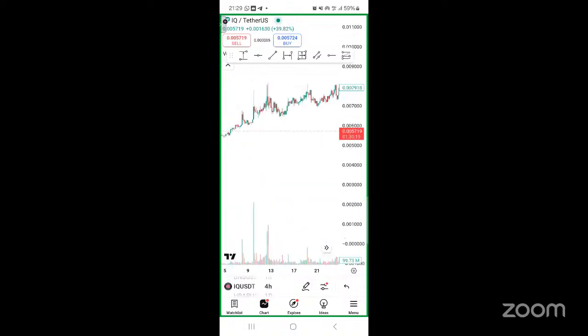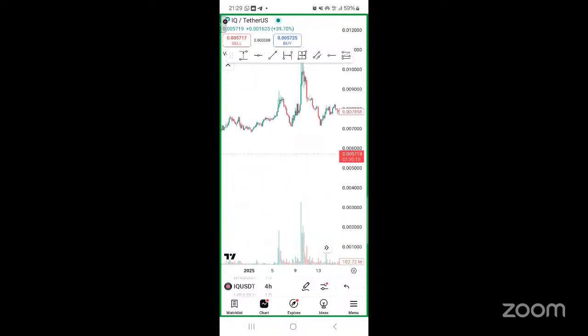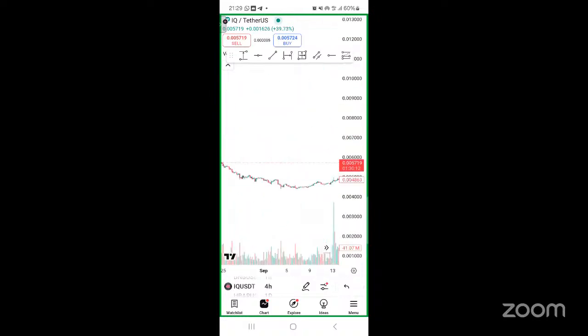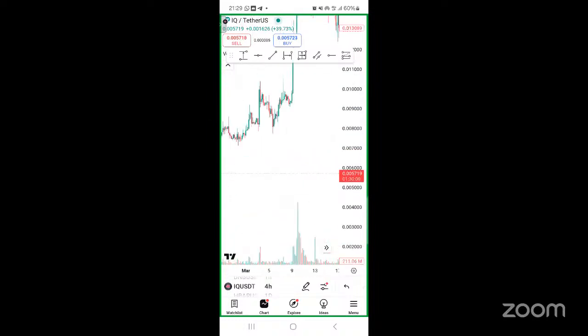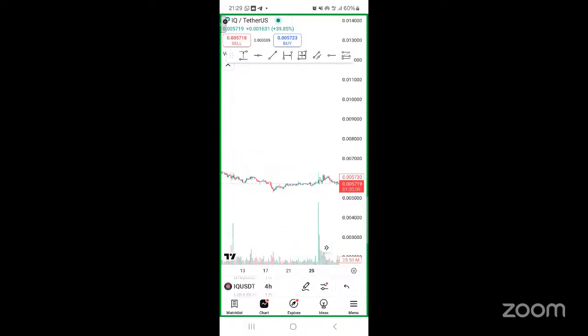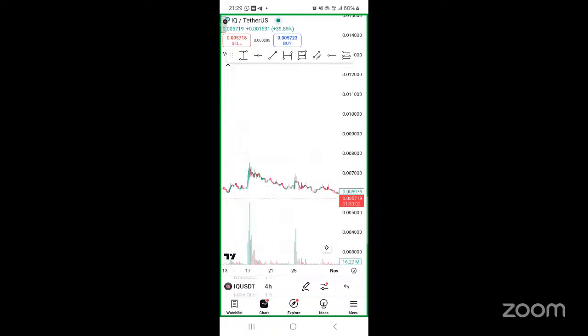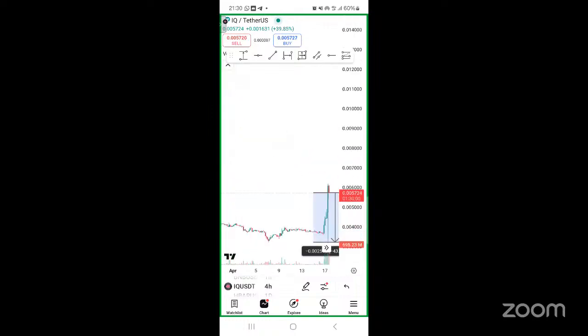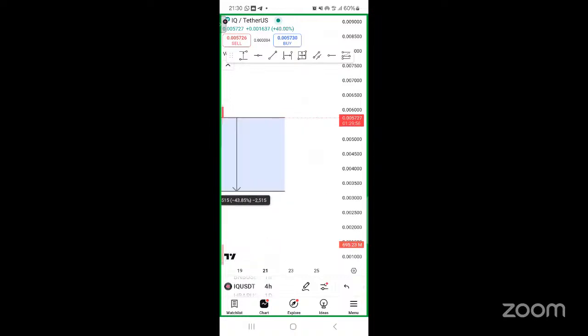Because when we go back, it looks like the biggest drop we can find is the other one. Are we seeing that now? Is the other one, this one here. This will be the highest.